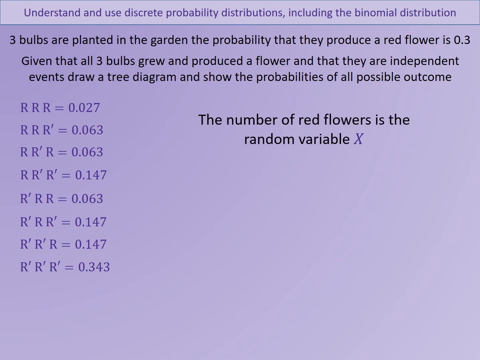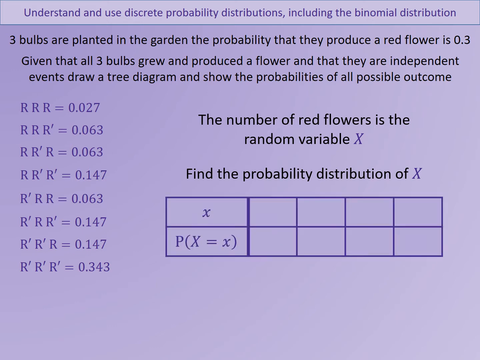Now we can translate this into a discrete probability distribution, and so the capital X notation that we used in the previous lesson can be denoted by the number of red flowers. We can then find the probability distribution of X, and we can pop this into the probability distribution table.